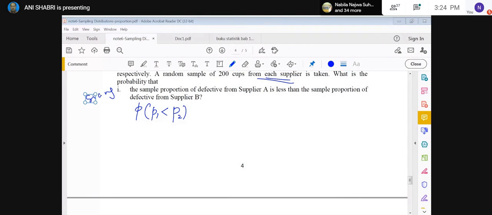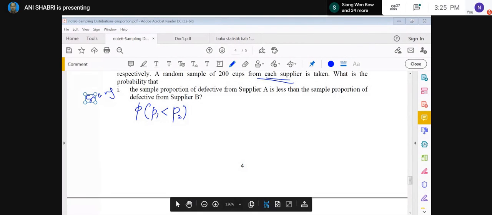Siapa nama NINS? Ni tak ada apa nama ni. Muhammad Jufairi, ada Muhammad Jufairi? Tak ada Muhammad. Muhammad Atil, Uzaimi. Semua tak ada ni.